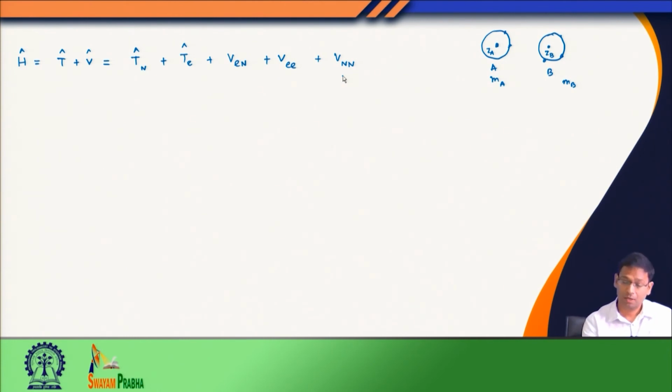Now, when you talk about the EN or EE term, let us define that we have capital N number of nuclei, and small n number of electrons. Suppose this is lithium and this is hydrogen, I am talking about LiH.